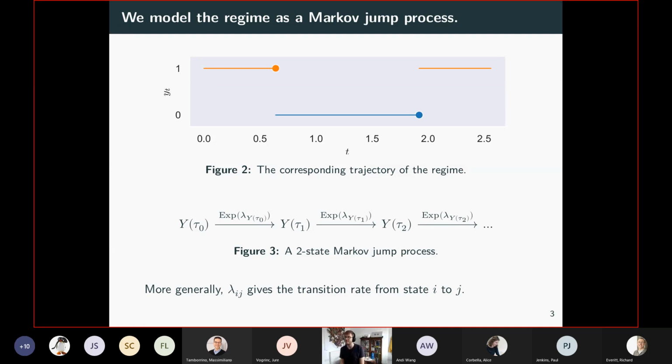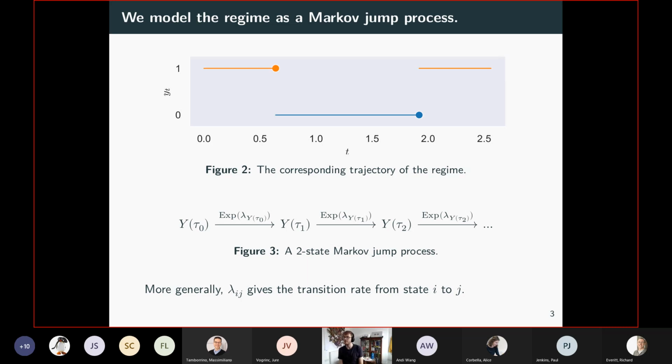Starting from some state at time 0, you switch to the other state after an exponentially distributed time. The rate of that exponential depends on the state that you're currently in. Then you just iterate that on, and that gives you a 2-state Markov jump process.